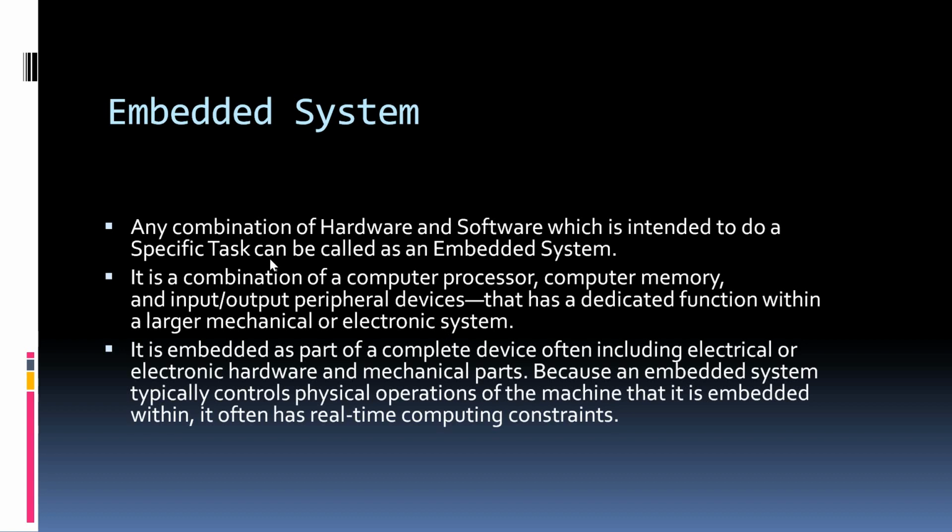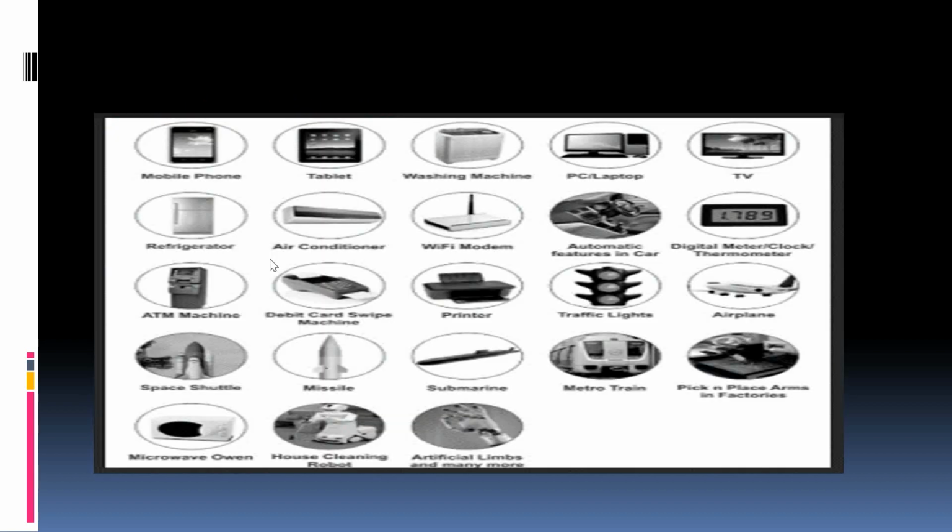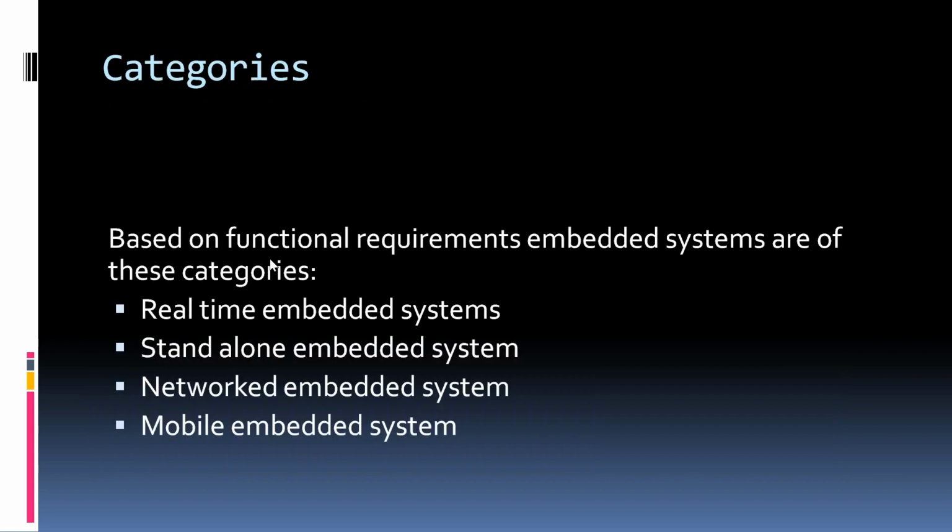It is embedded as a part of a complete device, often including electrical or electronics hardware. Because an embedded system typically controls physical operation of the machine it is embedded within, it often has real-time computing constraints. All these are examples of embedded system.